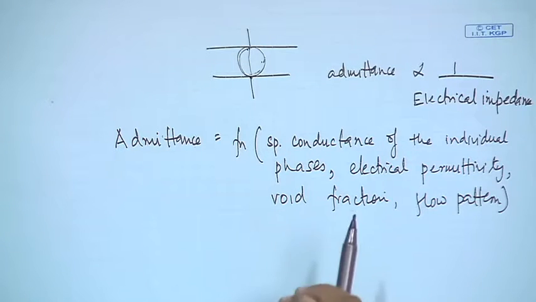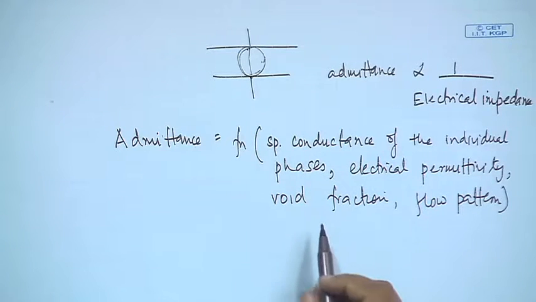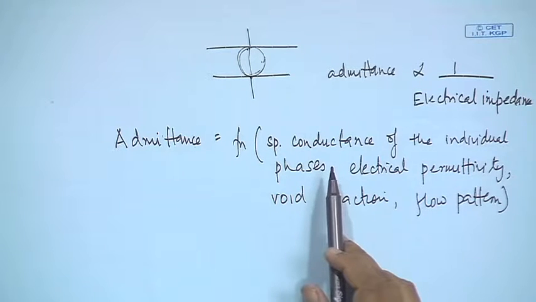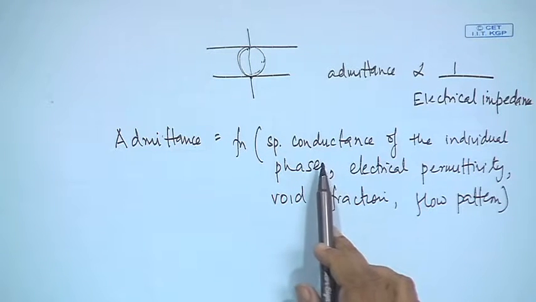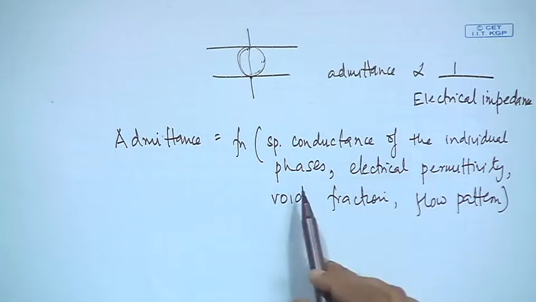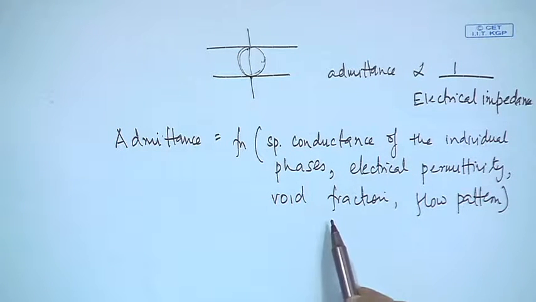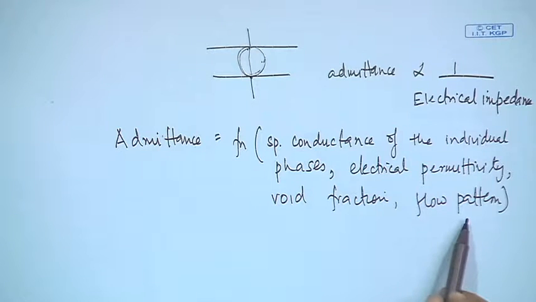This electrical admittance is the inverse of electrical impedance of the two-phase mixture, and it is a function of the material properties, which are nothing but the specific conductance of the individual phases and the electrical permittivity. It is also a function of void fraction and flow pattern.